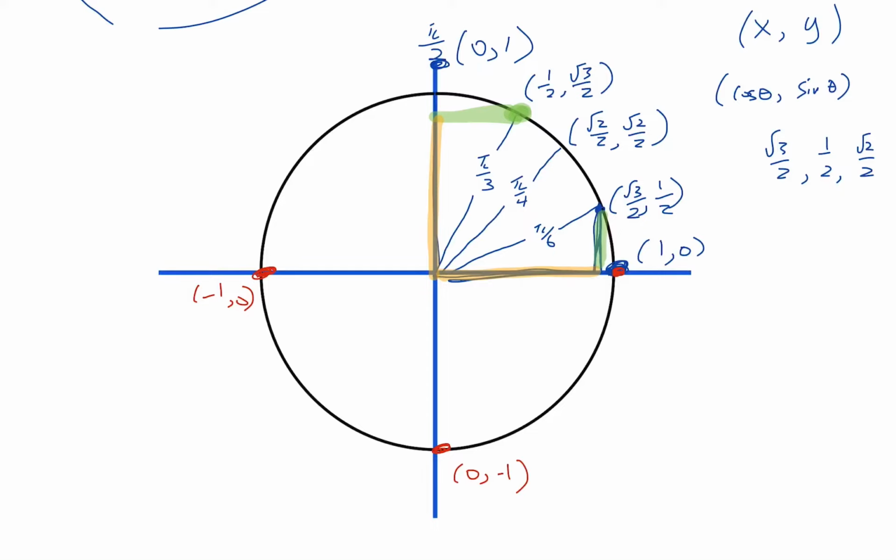So then, let's mark the angles here. So we have this angle right here, and another angle right here, and another angle right here. So this right here will be 2 pi over 3.